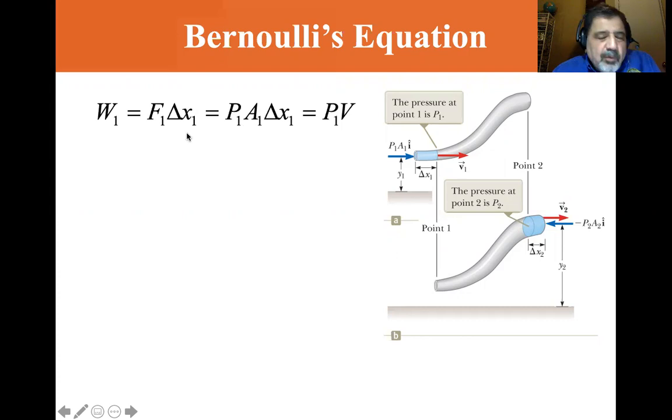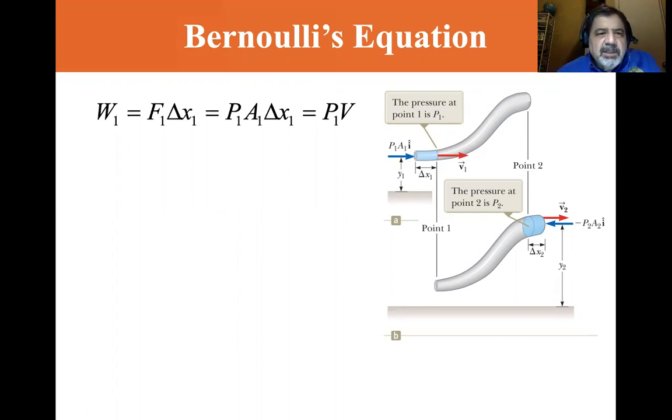The work of one is the force times the distance, F1 delta X1. Well, what is force one? That's the pressure times the area. So F1 delta X1 is equal to P1 A1 times delta X1, which is P1 V, since A1 delta X1 is the volume.